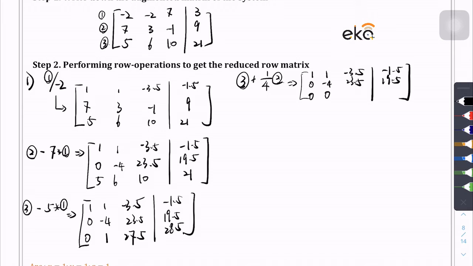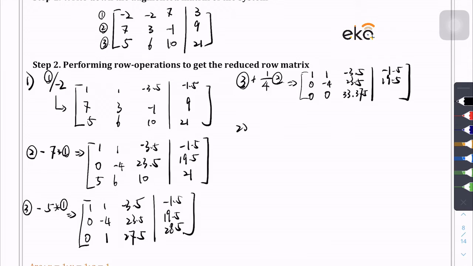Then 27.5 plus 1/4 of 23.5 equals 33.375.